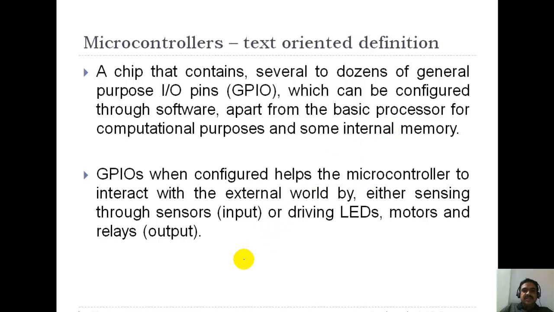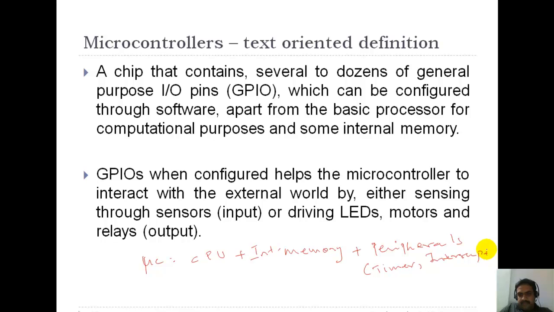So indirectly, what this definition is trying to tell you is a microcontroller is equal to basic CPU plus internal memory plus some peripherals like timer, interrupt, etc.